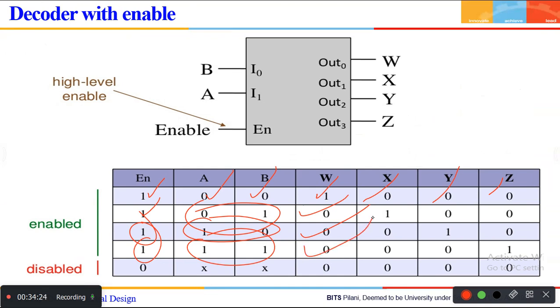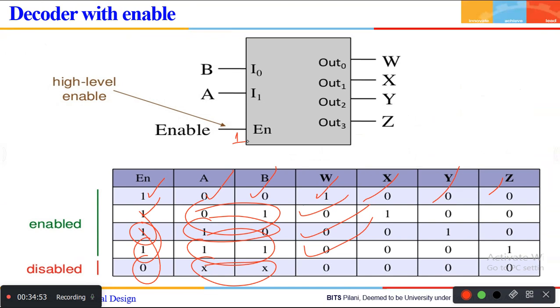Now when enable is 0, whatever be the input for A and B, that's why it's written XX. XX means it can take any combination. Output will be 0, 0, 0, 0. That means unless you give a proper enable signal, which in this case is 1, it is not going to behave as a decoder at all.